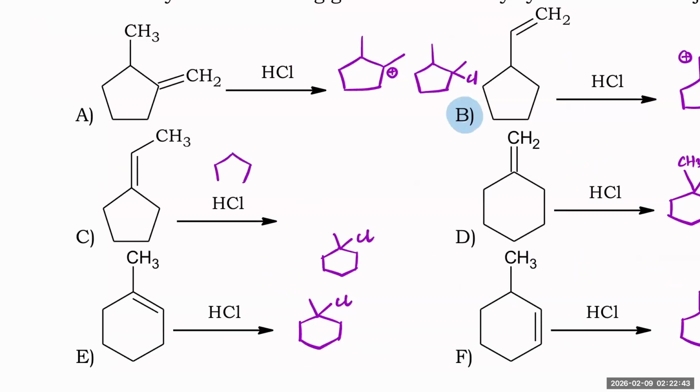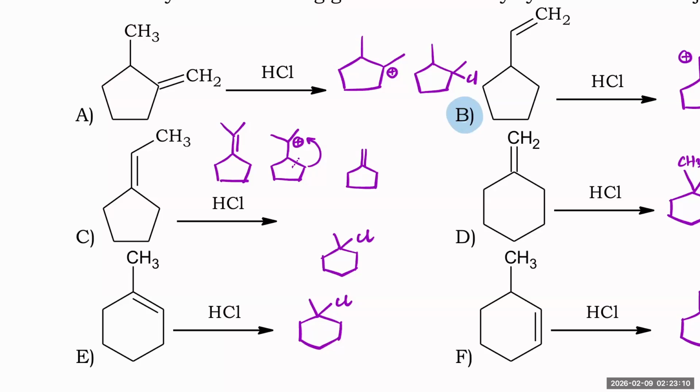If you have a double bond this way, in that case, definitely you should make a carbocation here and then follow up with ring expansion. But if you have only a double bond like this, correct? Double bond this way.